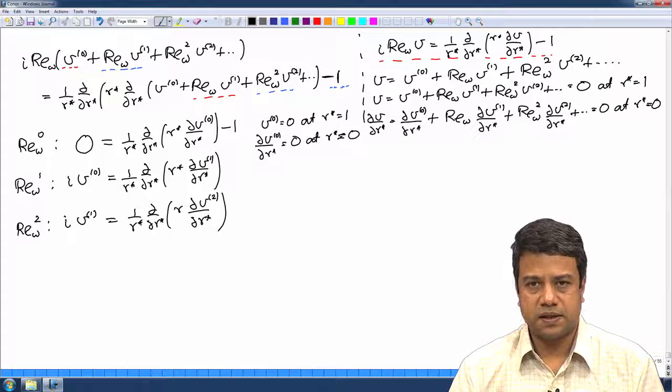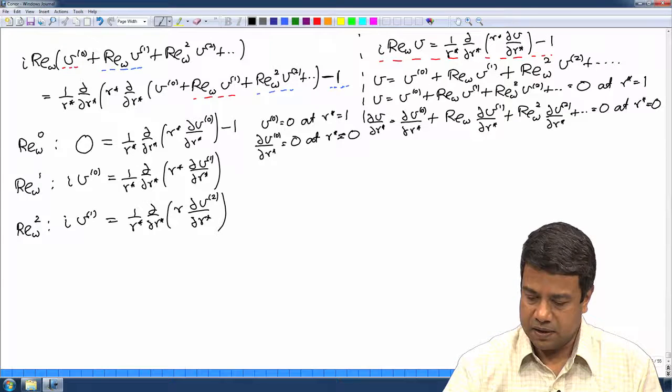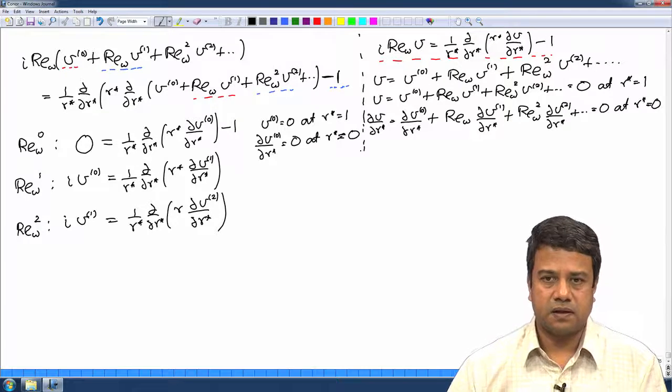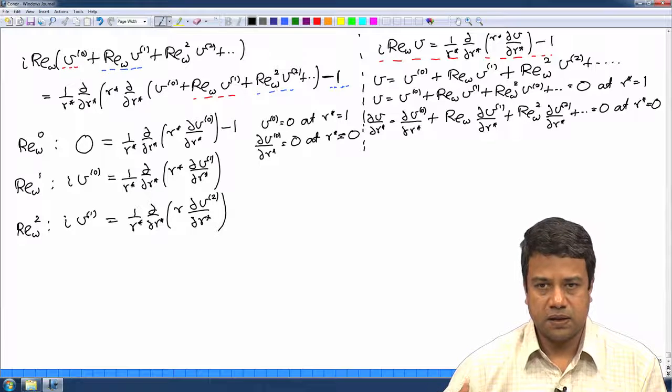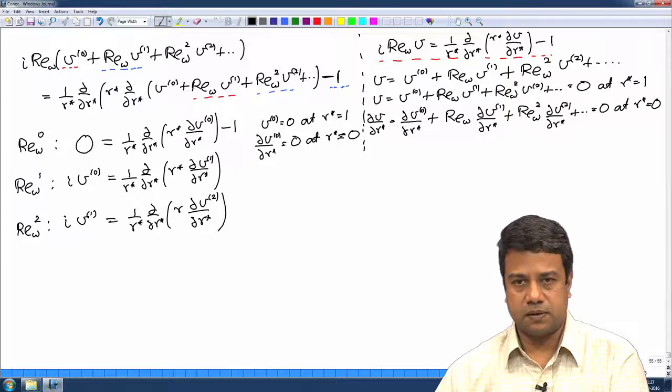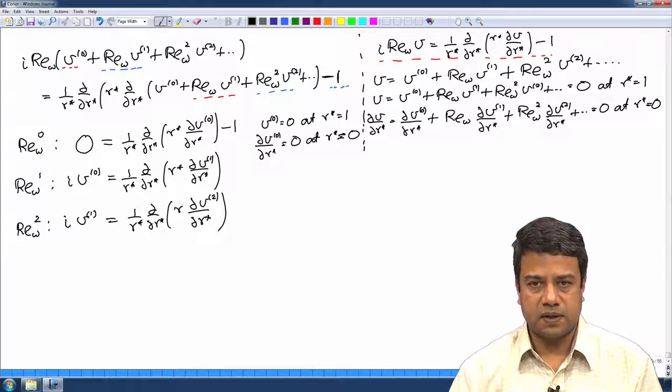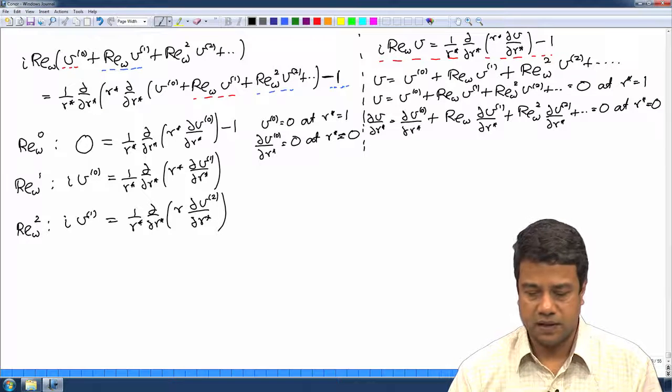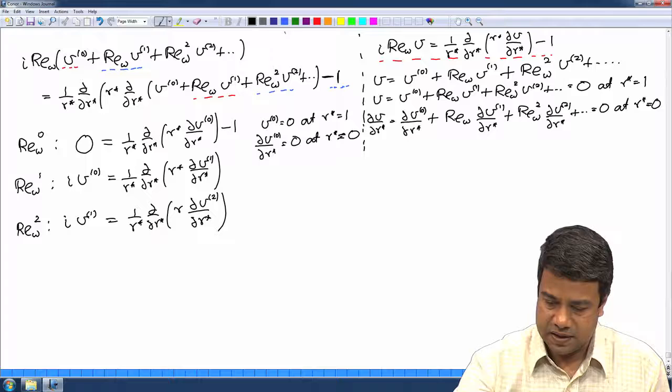So, that is the second condition, and in each of these boundary conditions you can take all terms of coefficients Re omega power 0, power 1, power 2 and so on, and get boundary conditions individually for each of those, and each of these will be exactly of the same form.